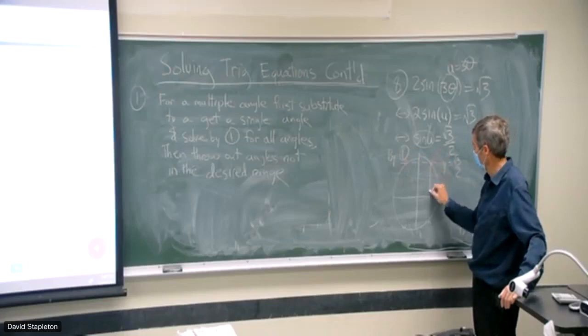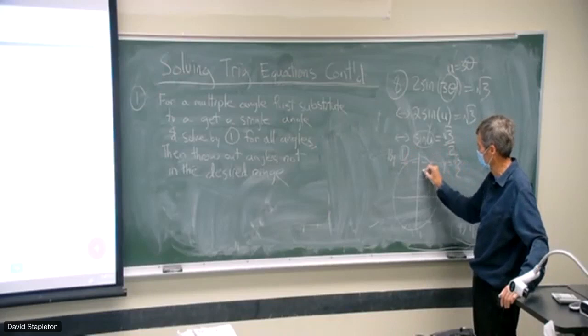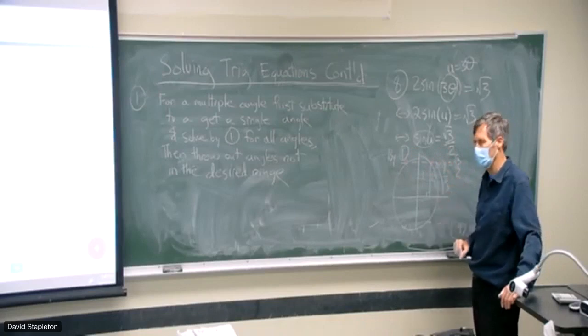If I then drop the perpendicular and construct the right triangle, y is square root of 3 over 2 here, so this side must be square root of 3 over 2. This is 1 because it's a unit circle. I recognize the 30, 60, 90 triangle. This is pi over 3, right? 60 degrees.